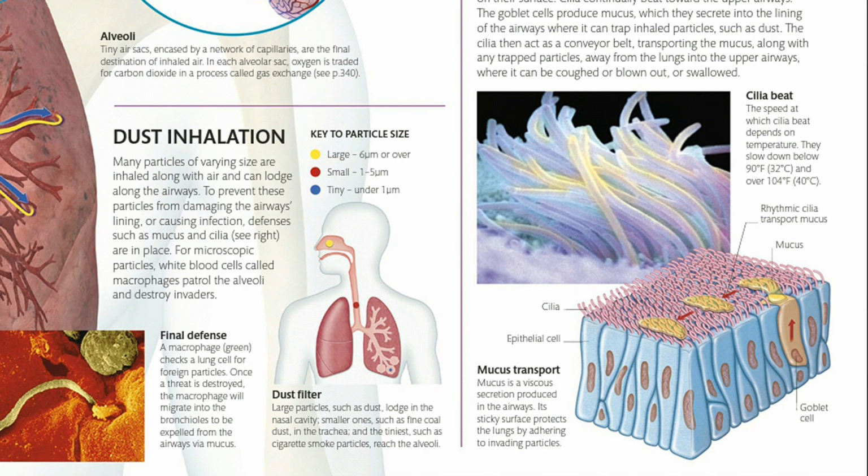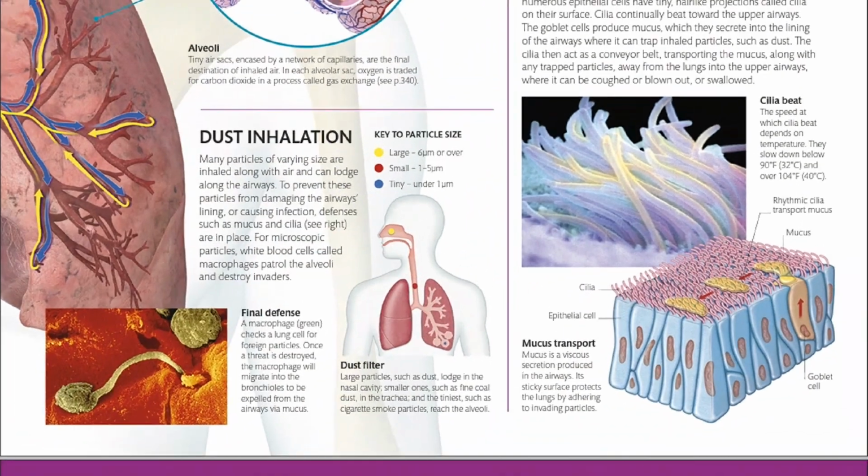Then from the pharynx, the mucus and dust particles enter the nasal chamber, and from there we have the nostrils or nares. So from the nares we remove this mucus along with the dust to the outside.